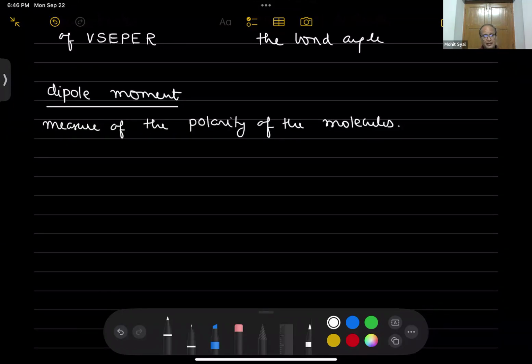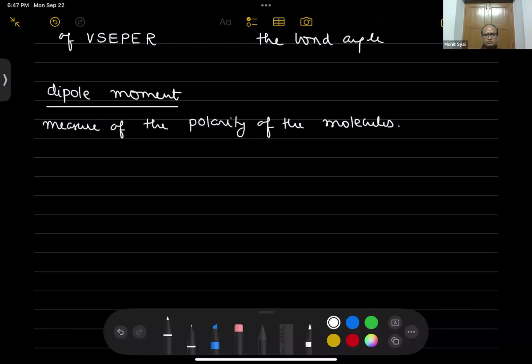And dipole moments help us to determine the polarity of the molecule. Yes, sir. How the polarity is determined by the charges. Got it? Is it clear or not? Yes, sir.